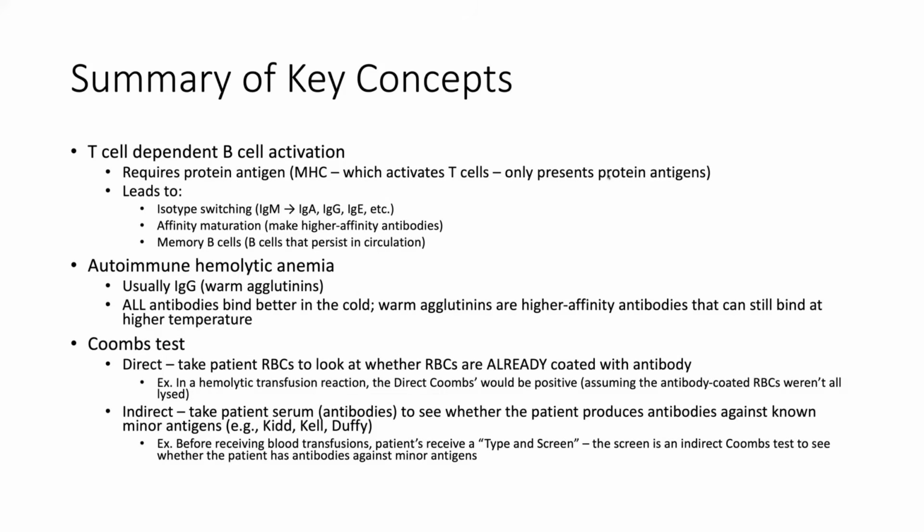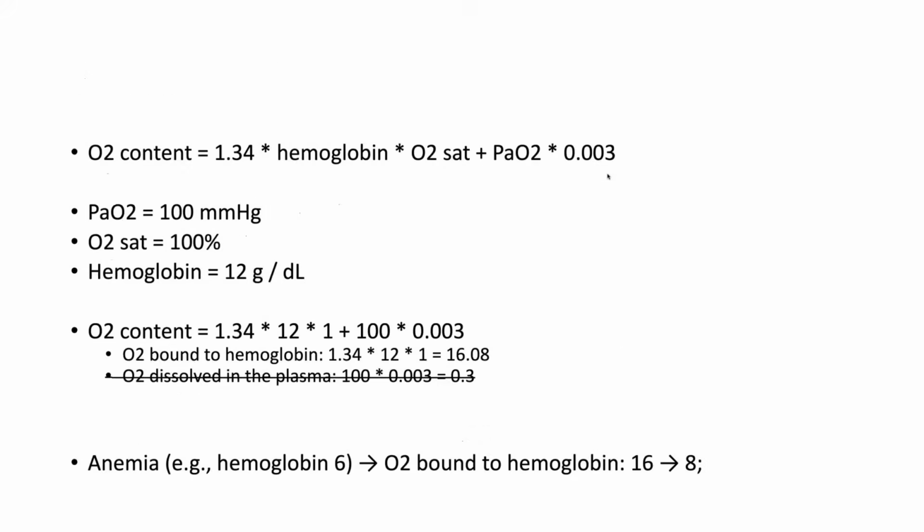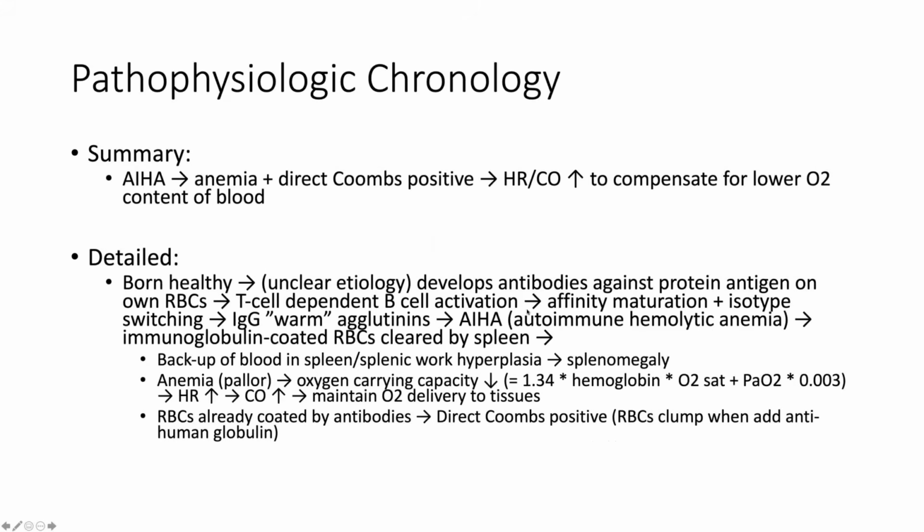Can I ask you one question about when there is autoantibody production and the antibodies already bind to the RBC, what is happening with T cell signaling at this point? I don't know that there is much happening with T cell signaling at this point. Because in your pathophysiological chronology, you have it develops antibodies against protein antigen on their own RBC, and then T cell dependent activation, affinity maturation, and IgG.